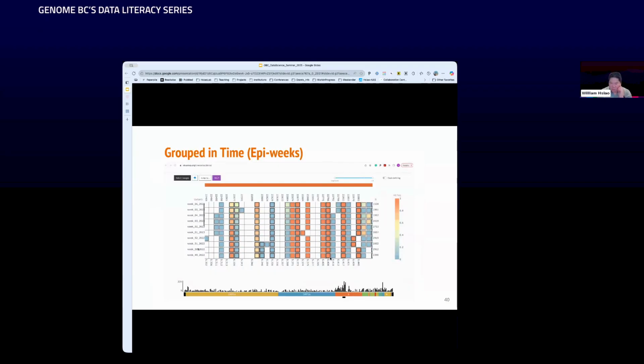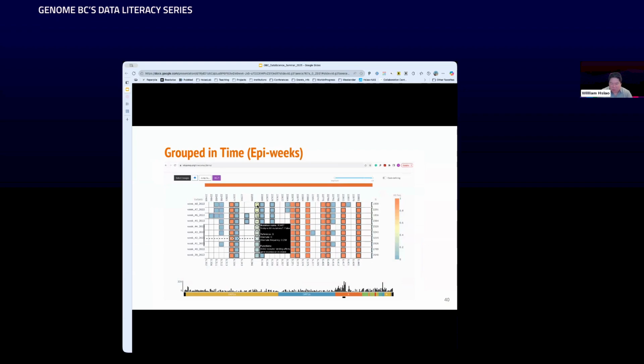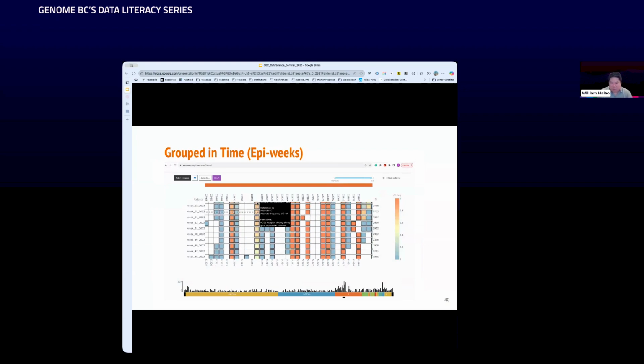So as you can see here, if you just pay attention to this column, this tool allows us to observe over time, from week 31 to the end of 2022 or beginning of 2023, that this particular mutation has increased in the virus population.